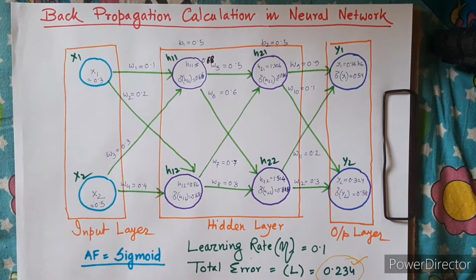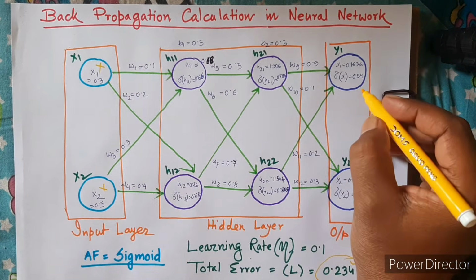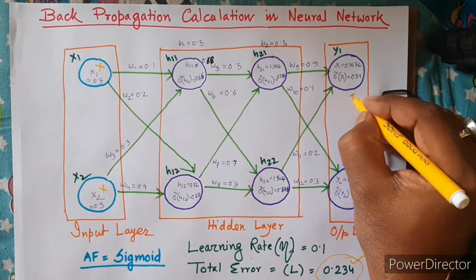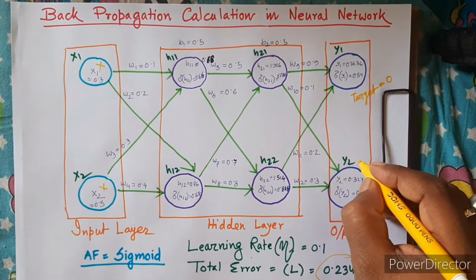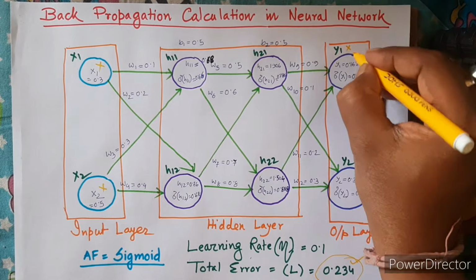So to minimize this, can I change my input? No, I cannot change my input. Can I change my target output? So target output, if it is 0 or target output if it is 1, I cannot change that as well.